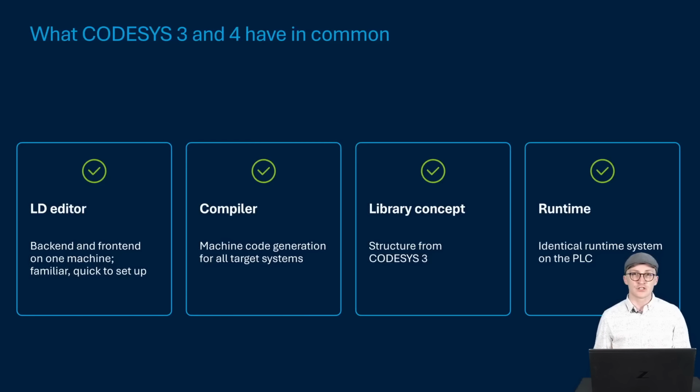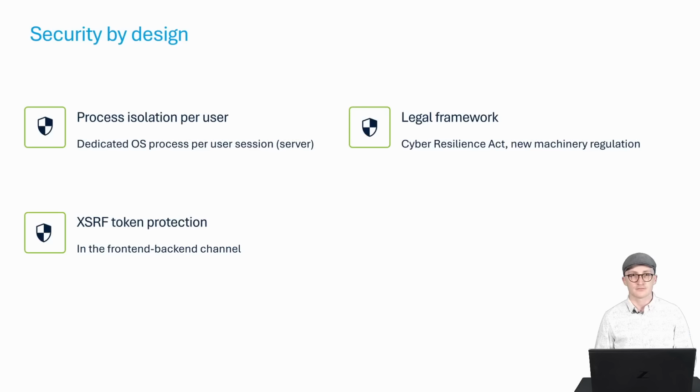Beyond the shared technology, CODESYS 4 also introduced security as a core architectural principle. Security was a design requirement from day one, not something we added later in response to an audit or a regulation. In the server deployment, CODESYS 4 runs as a separate operating system process for every user session.